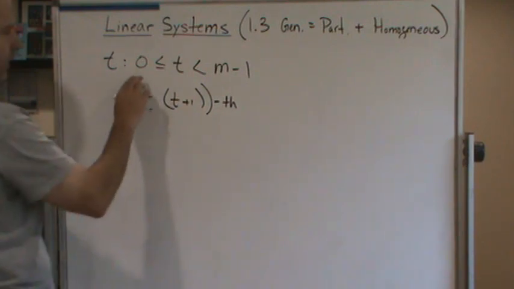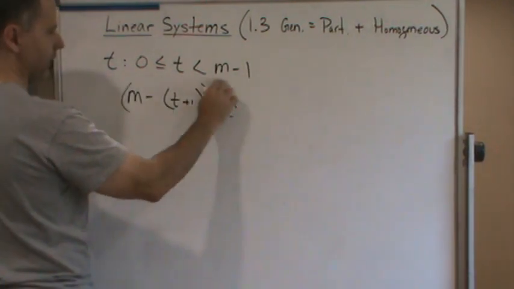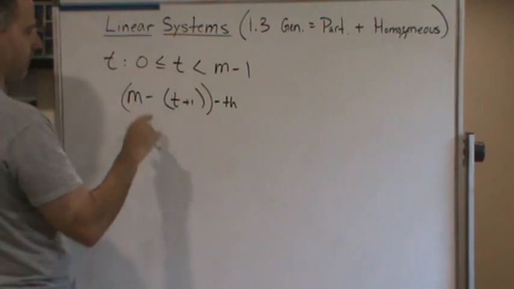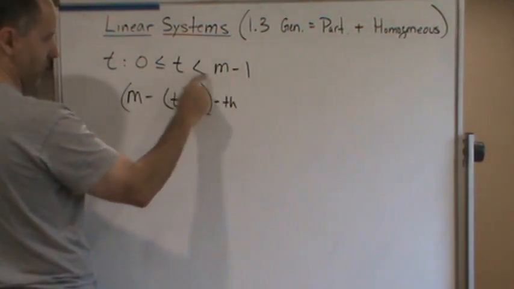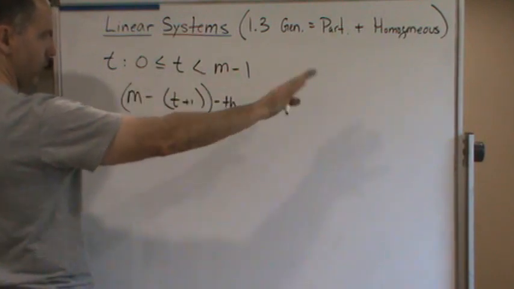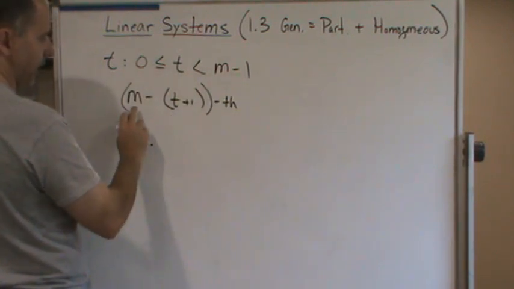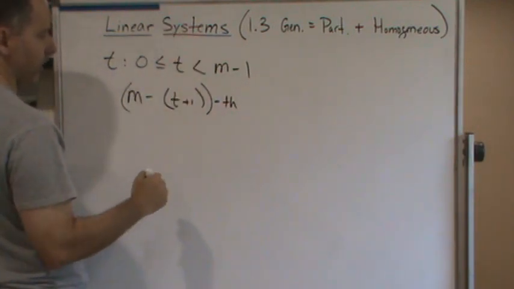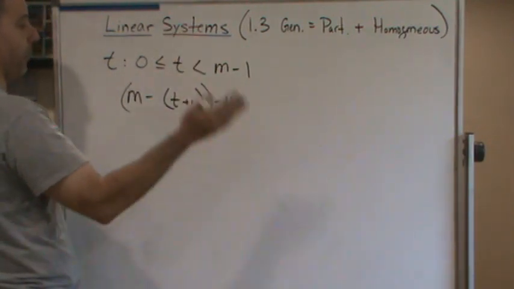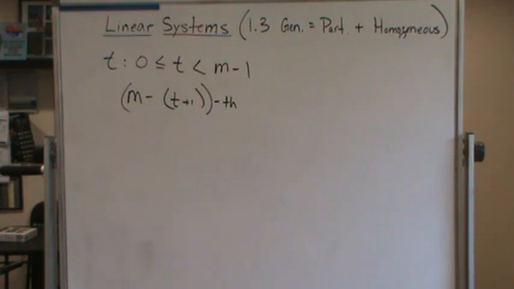We're going to assume that it holds for all of the bottom equations, from the very bottom equation all the way up to the n minus 1th equation. Then all we have to do is show that it holds for the next equation above in the system of equations, because we're working from the bottom up, like we've been doing.